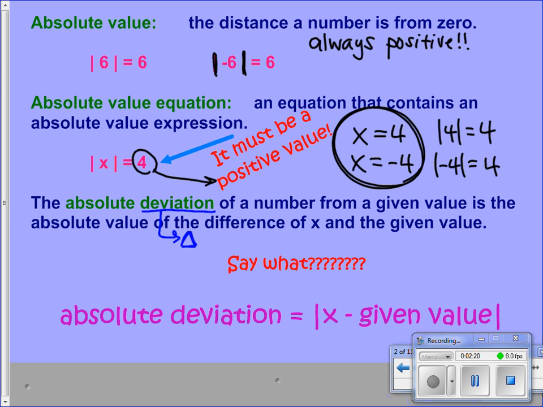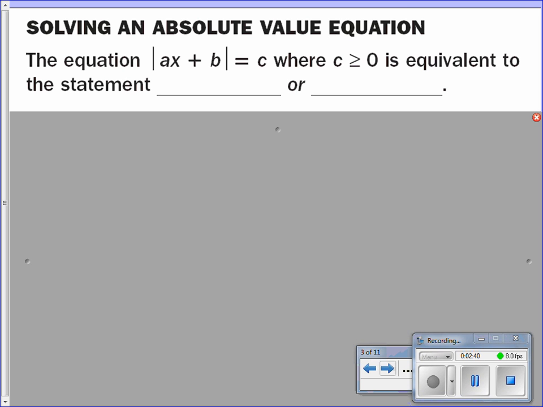So how much does it change? Well, from x to the given value is how much it deviates. And you would find the absolute value of that change, the distance from x to the given value. We'll come to that later, but you'll need to know that formula.